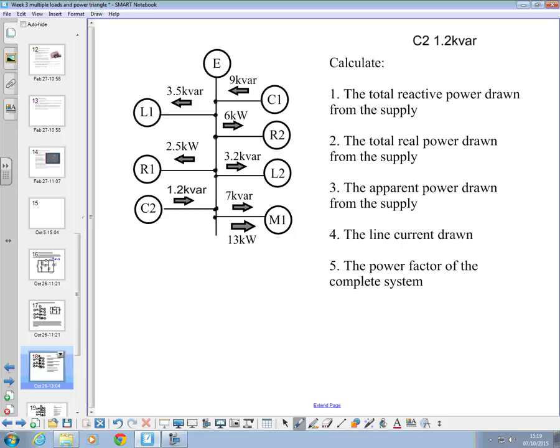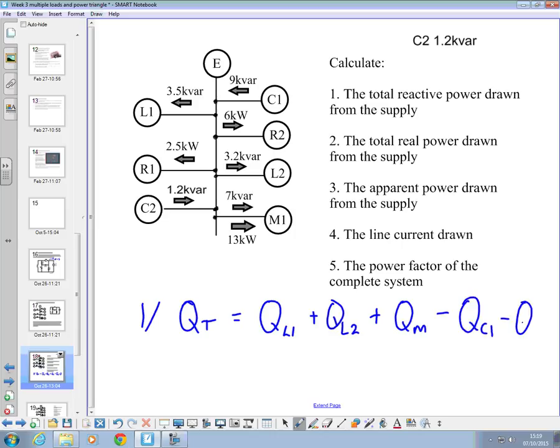So I'll start at the bottom of this page. Number one, we're looking to find the total reactive power, and it is equal to QL1 plus QL2 plus the Q taken by the motor, QM, take away QC1 and QC2, because we need to consider them as negative because they're giving reactive power back to the source.